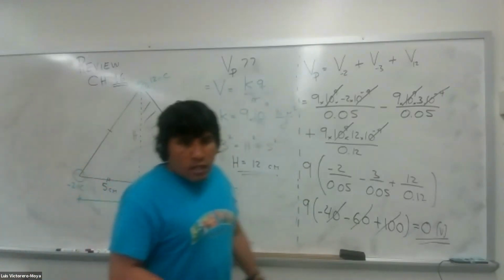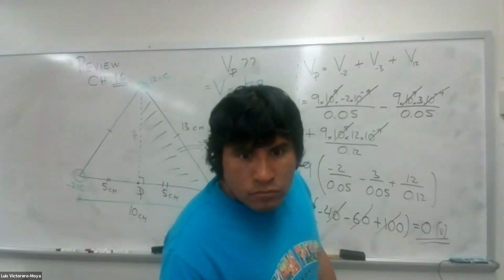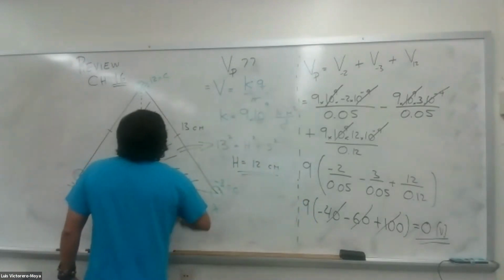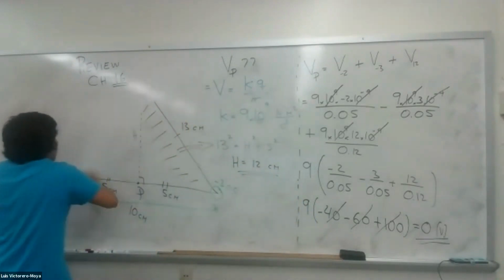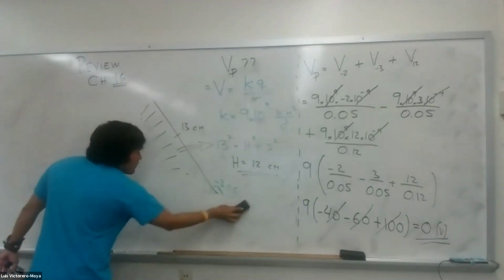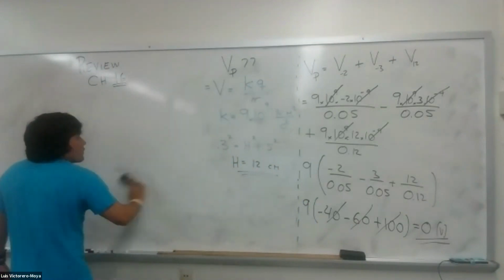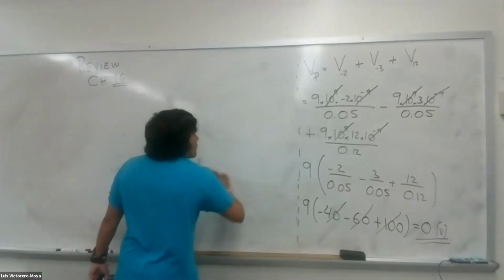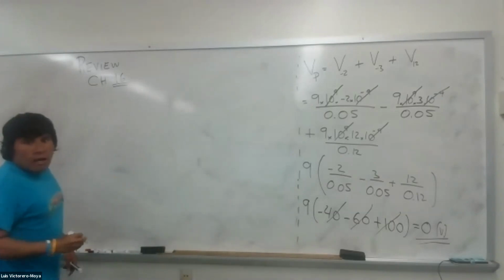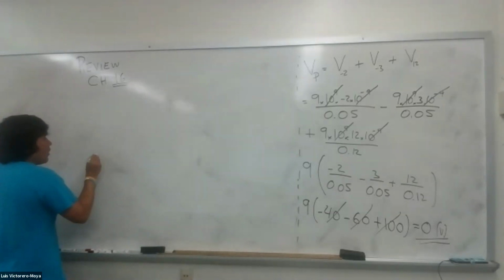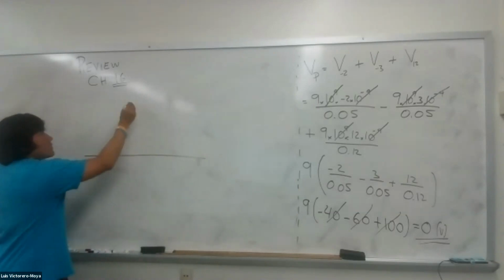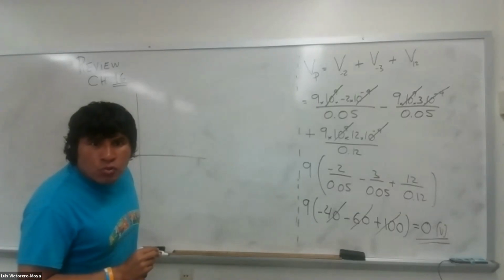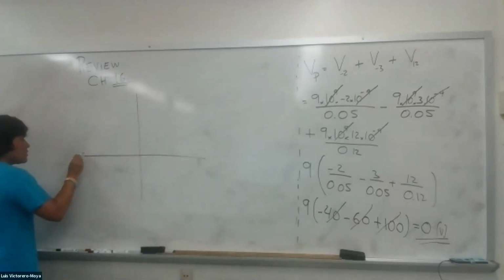All right. Let's see if there's another one here. Yeah, this one here. Now let's use microcoulombs. Another arrangement can be on the axis. You are given -2, 4, and 6 microcoulombs.